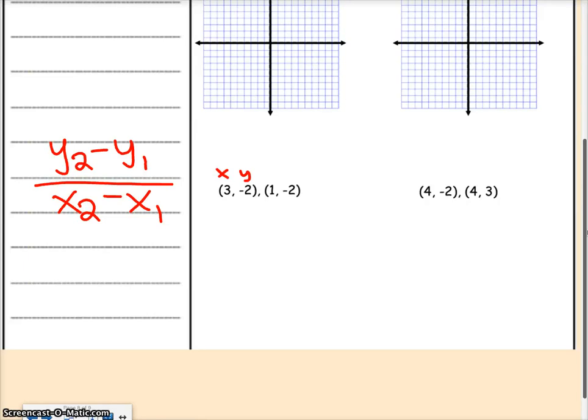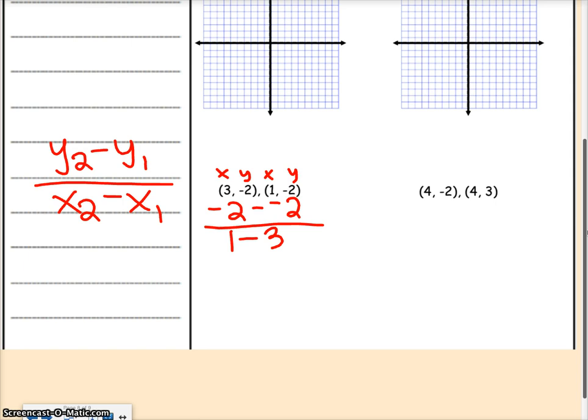X, y, x, y. McMillan, what is my second y? -2. Take away, what's my first y? -2. Over, what's my second x? 1. Take away my first x? 3. Yep, okay.